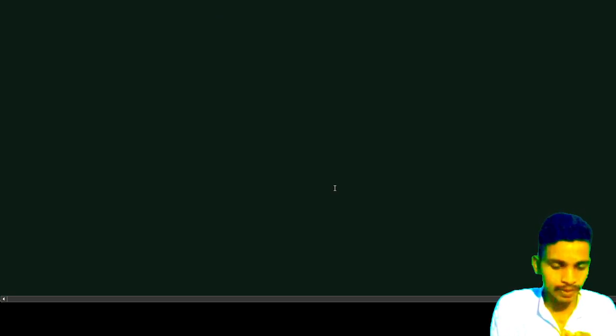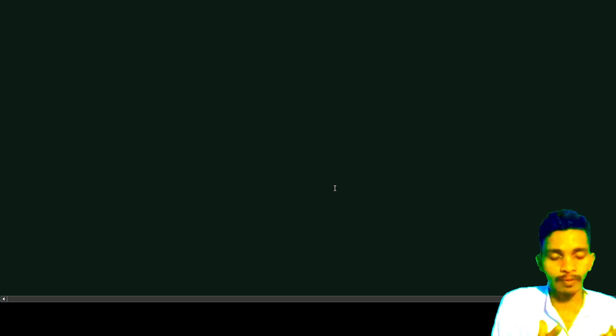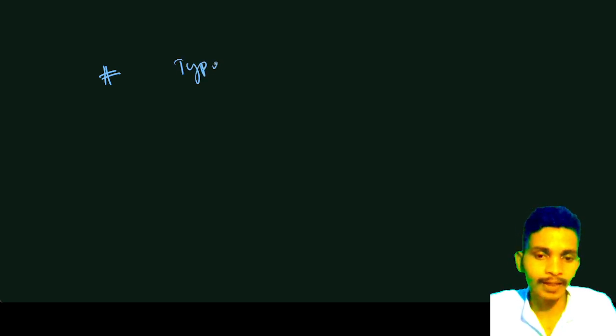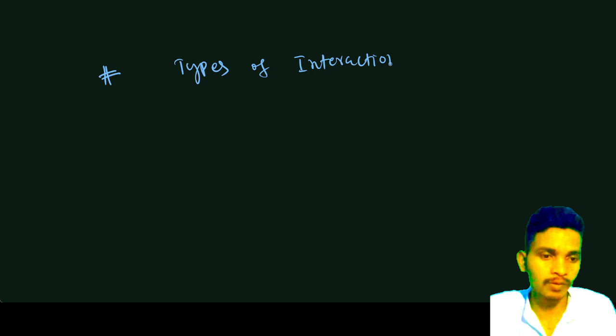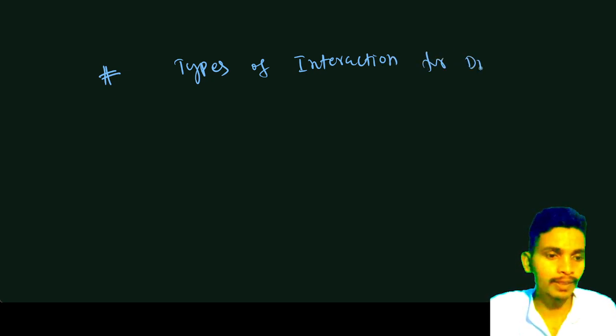Now we look at the types of interactions, meaning when the bond forms, there are two types of interactions for Diels-Alder reactions.